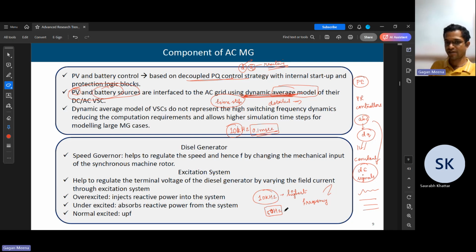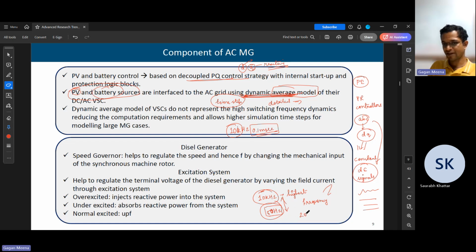Now we can see the frequency ranges from 50 hertz to 10 kilohertz. Let's say we are not bothered about these switching transients. We are only interested in this fundamental frequency. We are not even bothered about harmonics. We are not doing any harmonic analysis. We are only worried about this fundamental frequency.